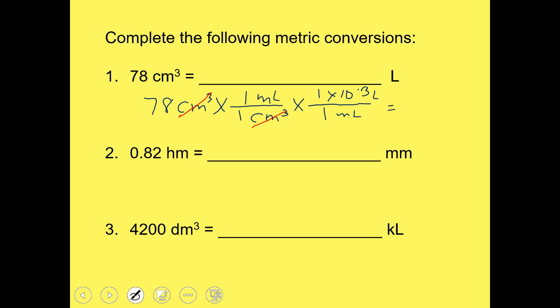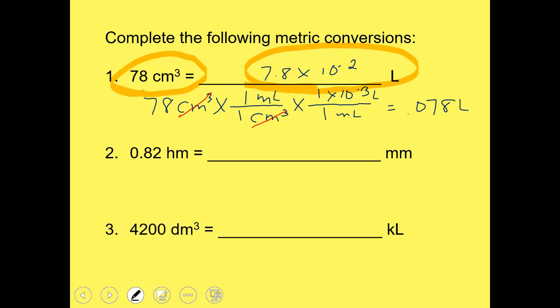As a result, you get 0.708 liters, or in scientific notation, 7.08 times 10 to the negative 1 liters. Either way, remember that this volume and this volume and this volume, they all represent exactly the same volume.